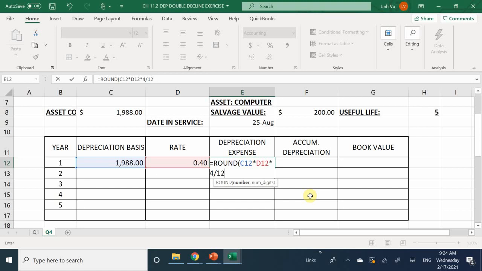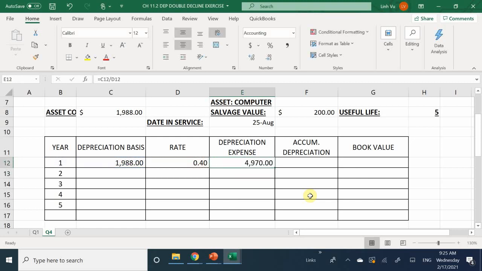Okay, hold on. Let's do this. I did that wrong. What is 795.20 divided by 3?